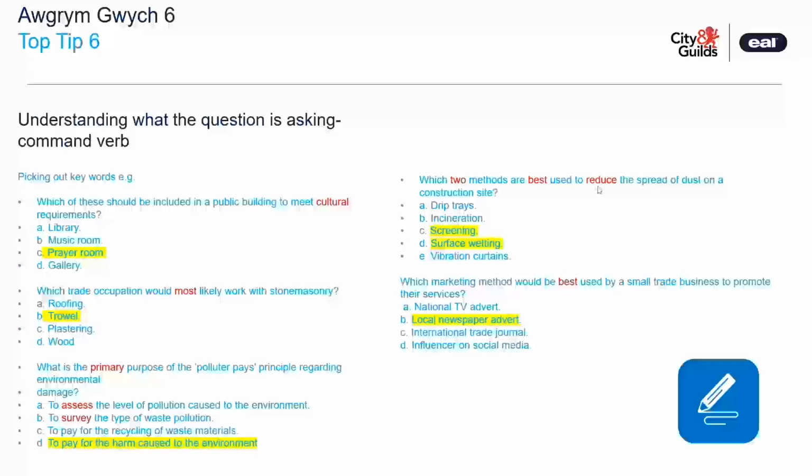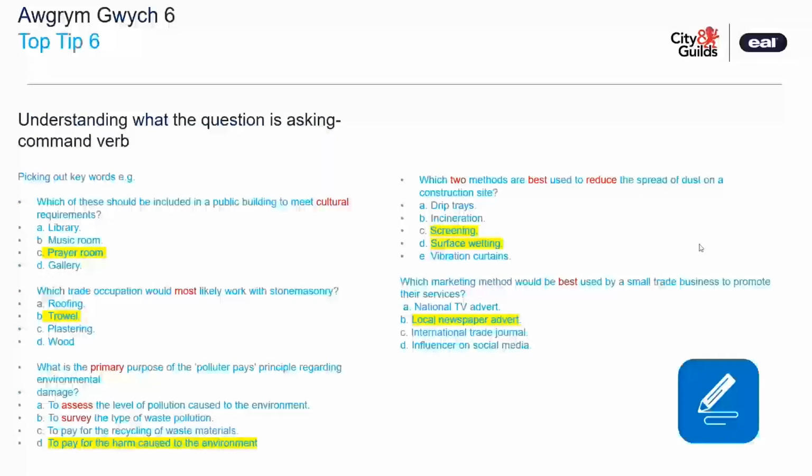So don't assume that learners understand all of these key words. If we move down to question 5, this is a prime example. I've highlighted in red the word best. The word best in this question suggests that more than one of these marketing methods could be used.